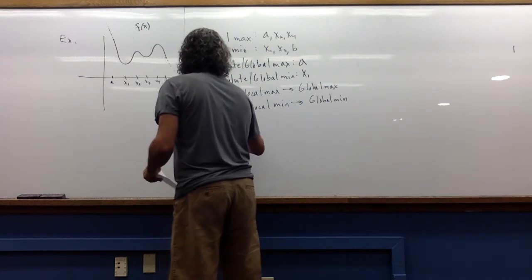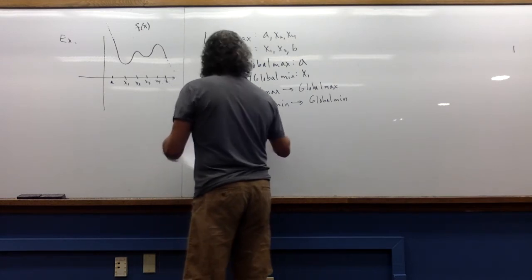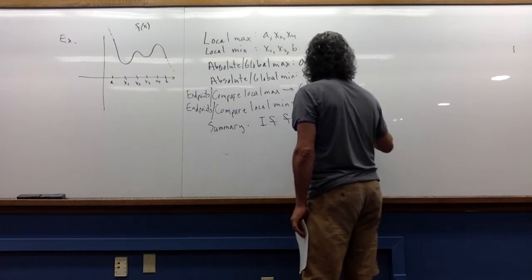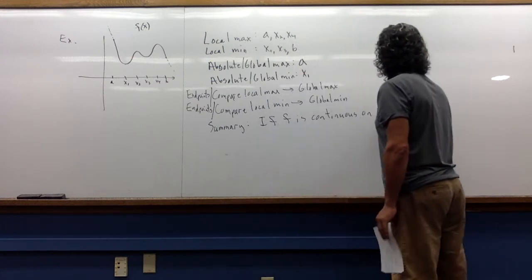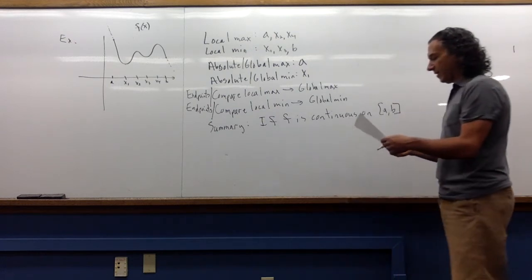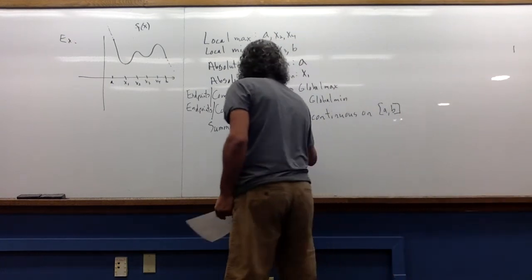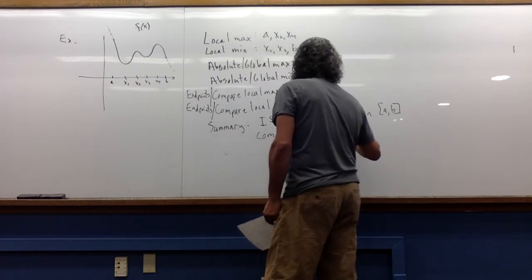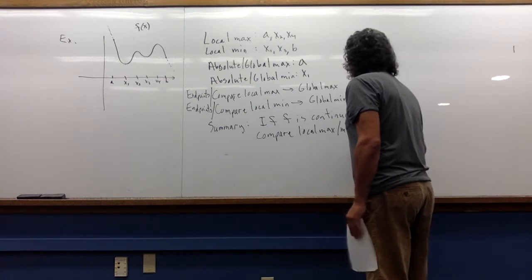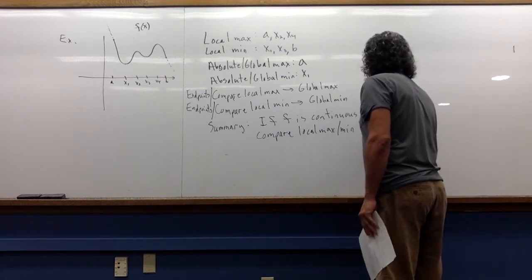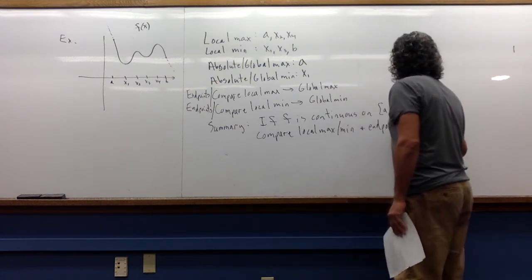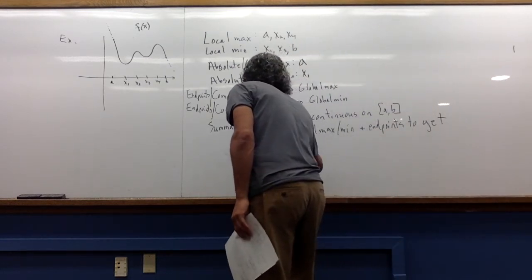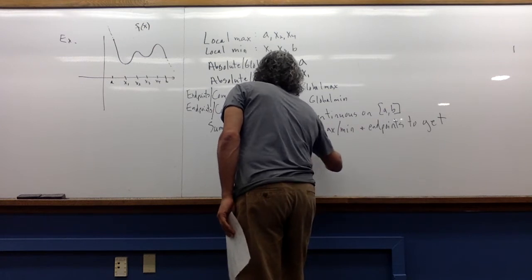So in summary then, if f is continuous on AB, that is the closed interval AB, compare local max and min and endpoints to get global max and min.